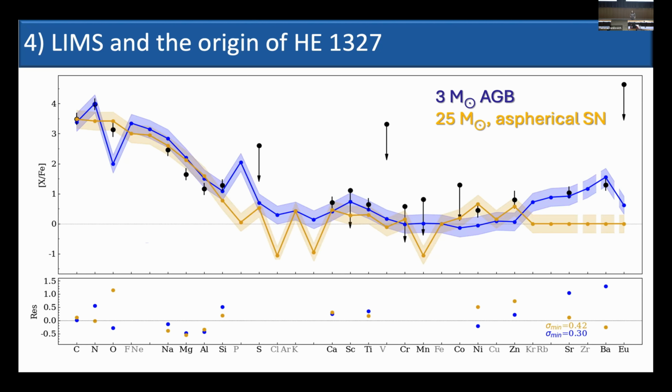What we have to do, of course, is dilute the yields of our stars in matter, either primordial or previously enriched by supernova. But anyway, the results are pretty good. And actually, what we're missing is what is produced with this aspherical supernova explosion of the 25 solar masses. And what they are missing is what we have.